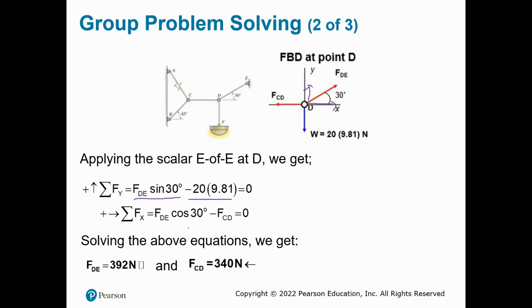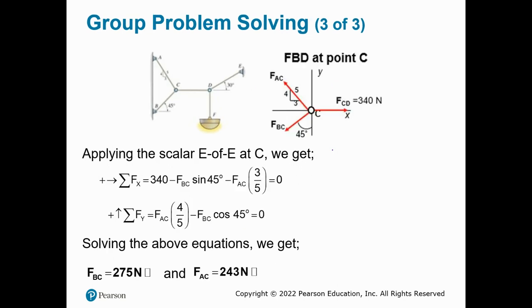And then along the x direction, you have your FCD to the left, negative, and you have your FDE cosine 30 going to the right. Two equations and two unknowns. Again, we're solving two equations and two unknowns to get the value of tension DE and the tension on CD. And then keep going.